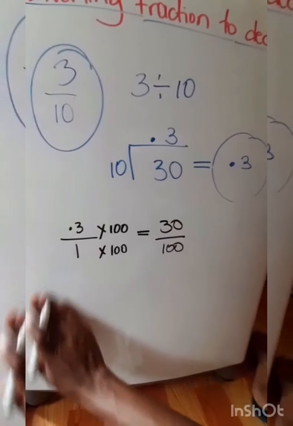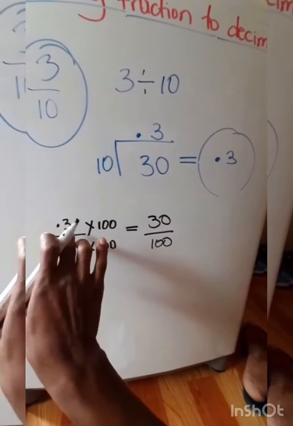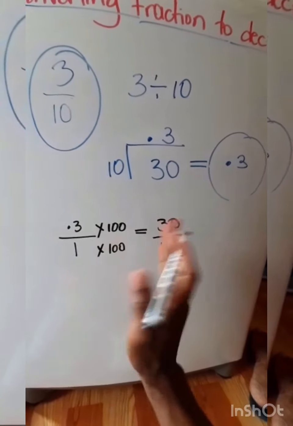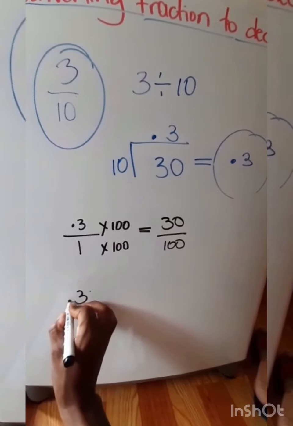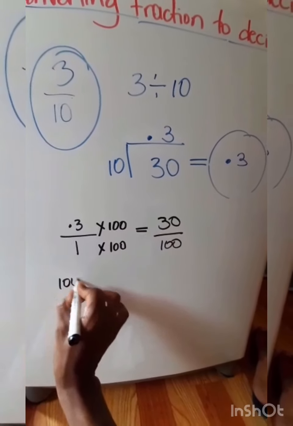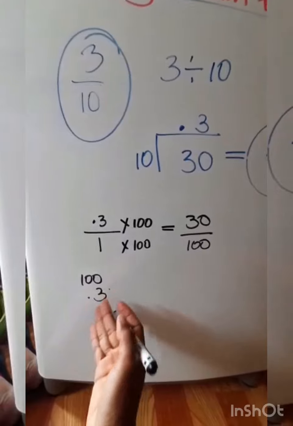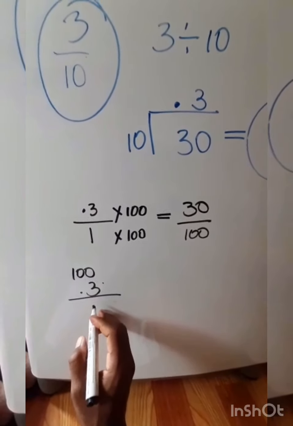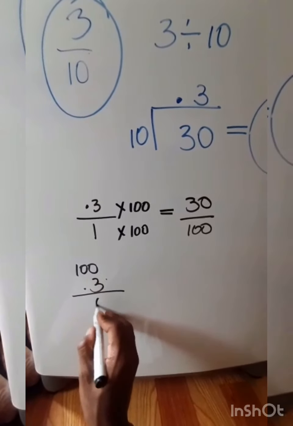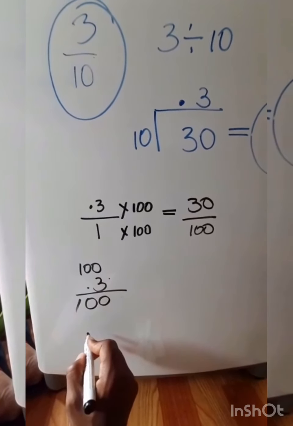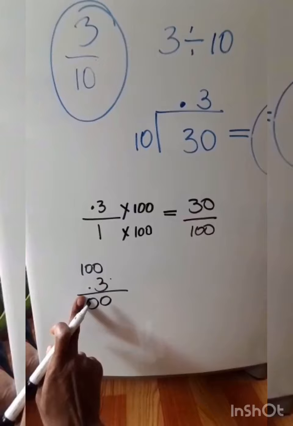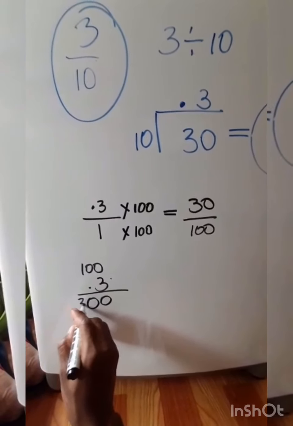Now, sir, I don't understand what you're talking about. How do you get 0.3 multiplied by 100 to give 30? When you multiply it, you get 3 times 0, 0, 3 times 1, 3.